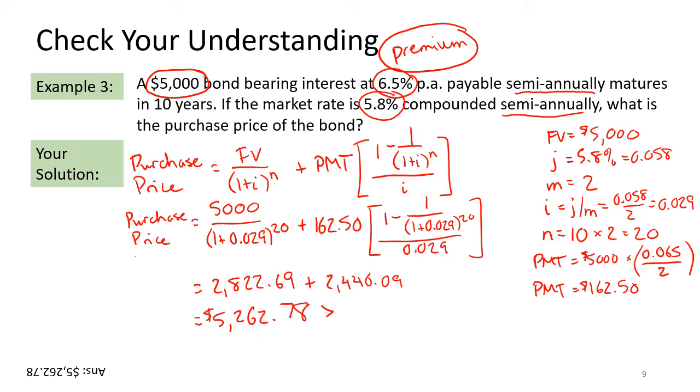So again, you notice that that's greater than $5,000. So it's selling at a premium. And again, that's because you're going to make more money, all things being equal, with the bond in that same $5,000 than if you placed it just in the market.